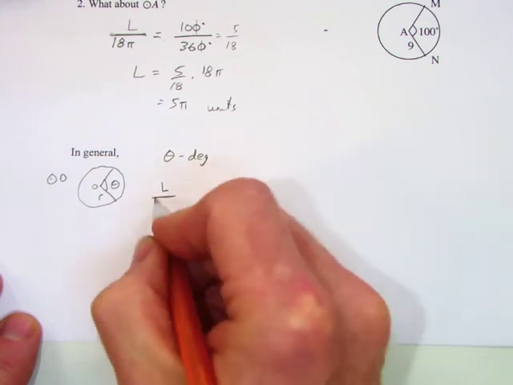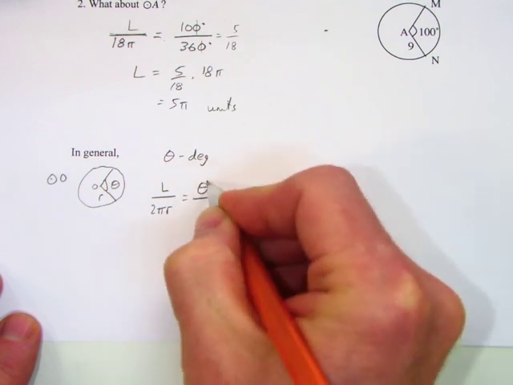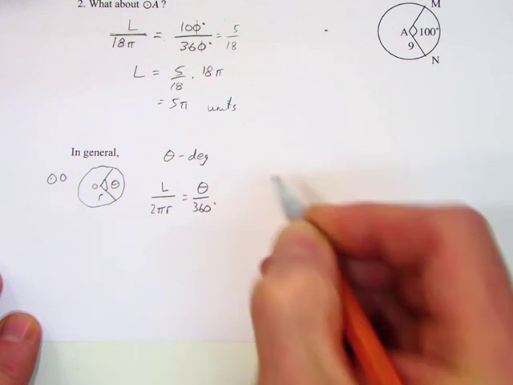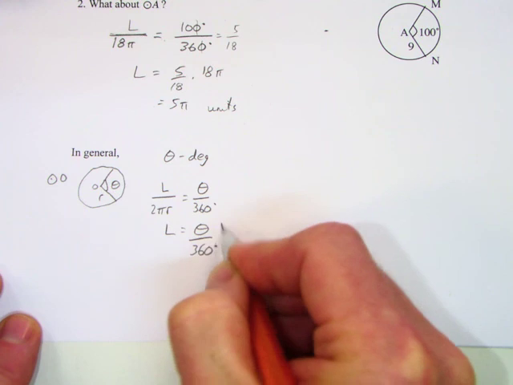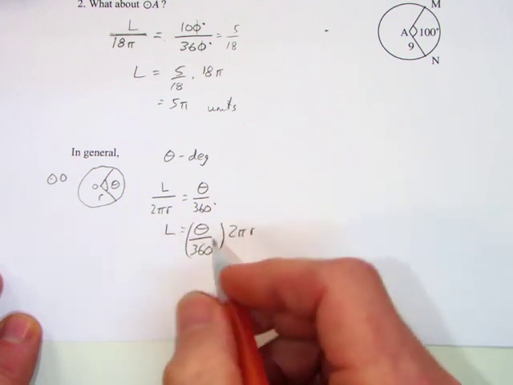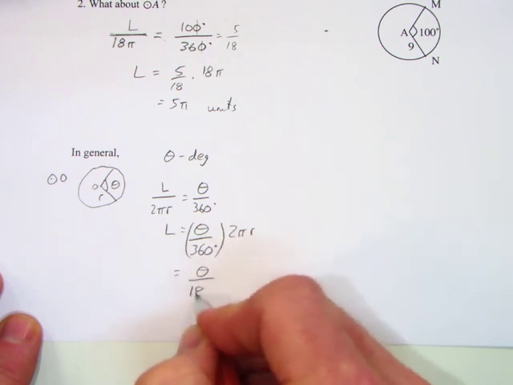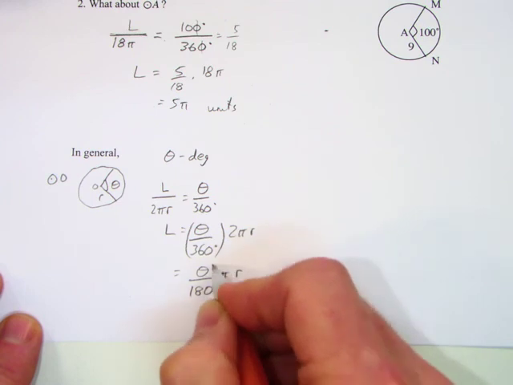It is L to the whole circle, 2 pi r, as theta is, what are we comparing this to? The whole circle. If we're in degrees, it'd be 360 degrees. So we have theta divided by 360 times 2 pi r. And you can simplify that to theta over 180 times pi times r.